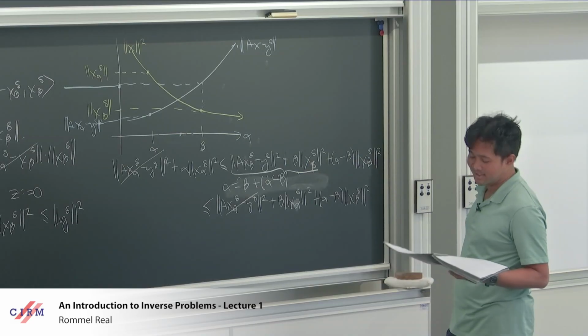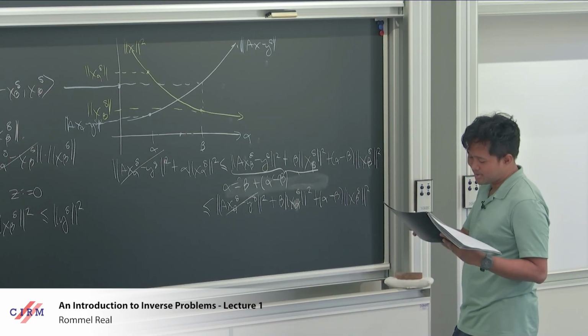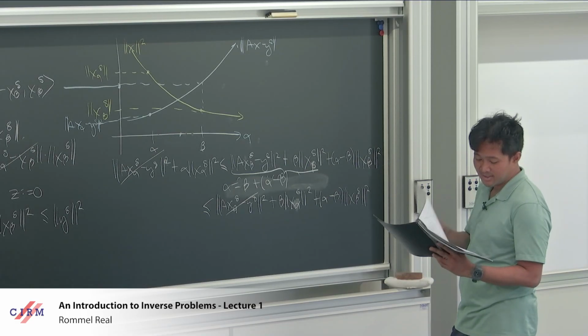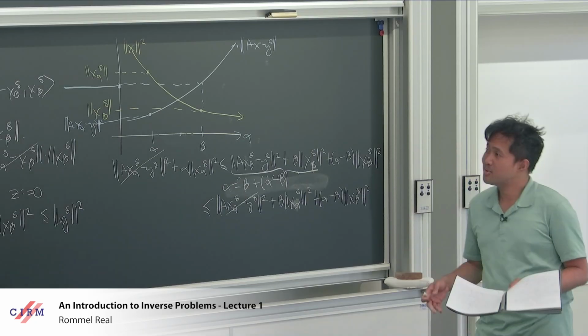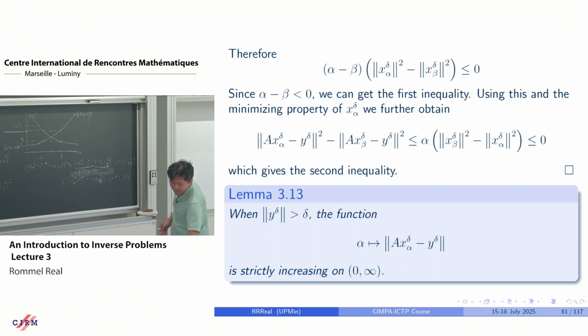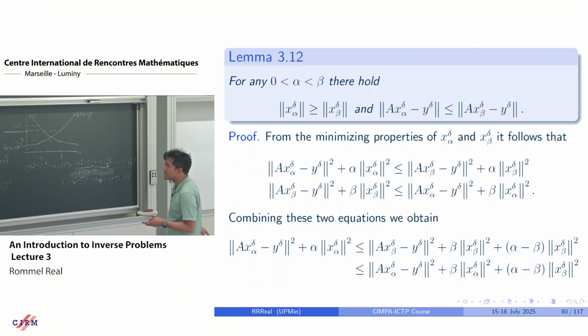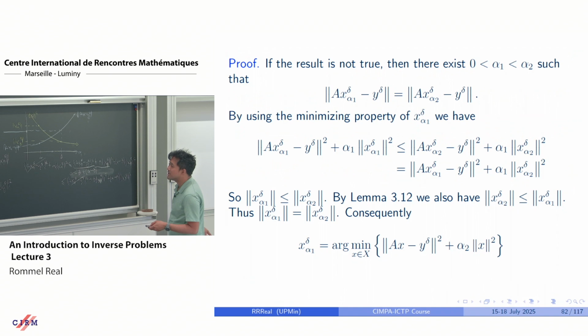Right there, but wait, I think. Okay, so from that one, you can simplify that one, and then use the fact that you have this one here, and then you have the second one, and then you simplify it.